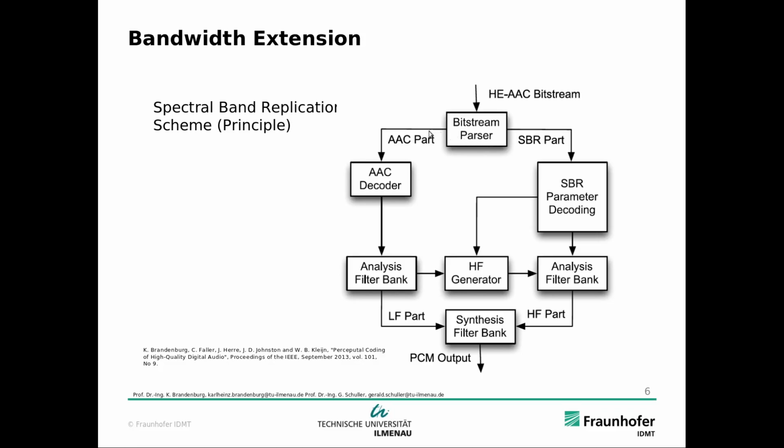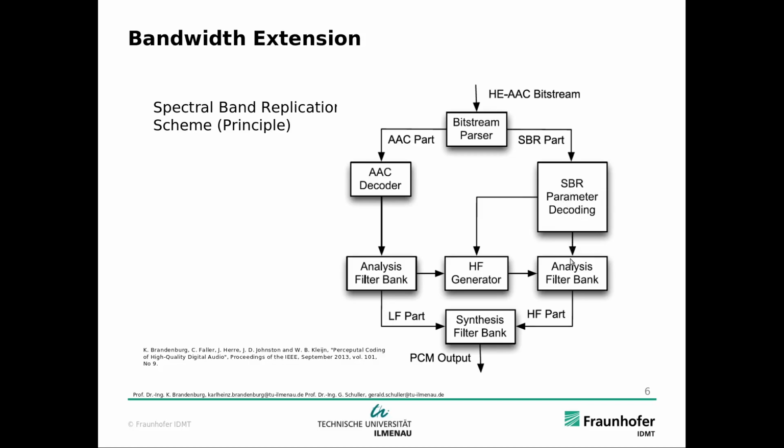And here we have the low frequency audio encoded as usual using the AAC decoder together with the analysis filter bank, and this gives us the low frequency audio. Then at the same time, embedded in the bitstream, we have the spectral band replication information, which is decoded by this SBR parameter decoder.